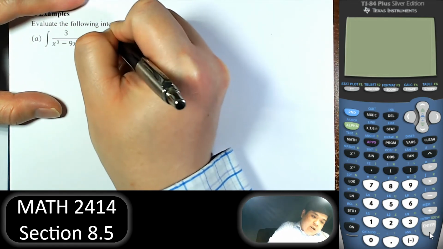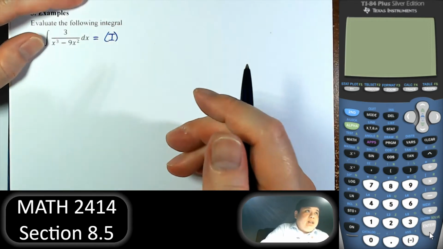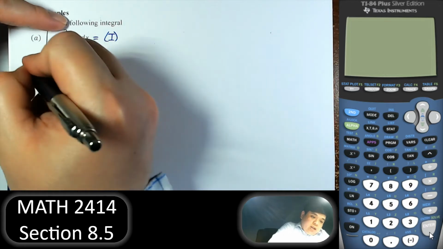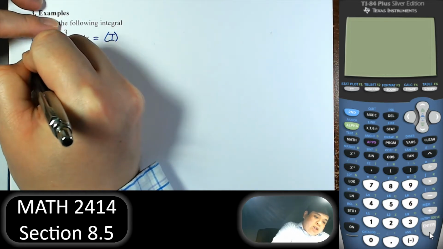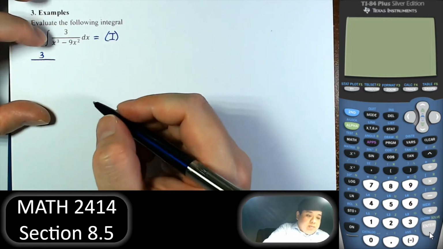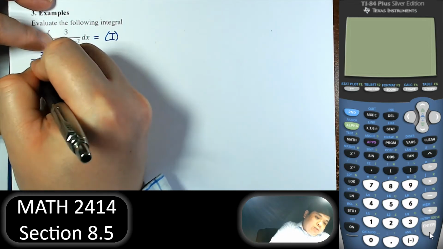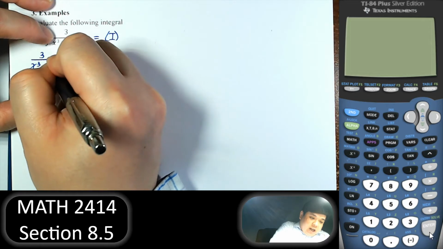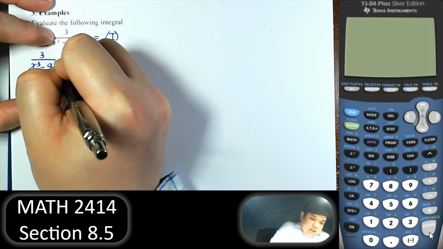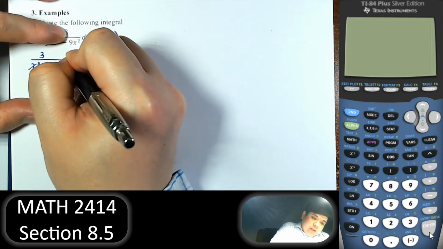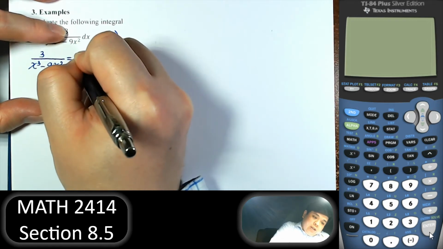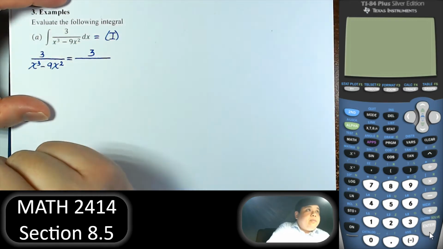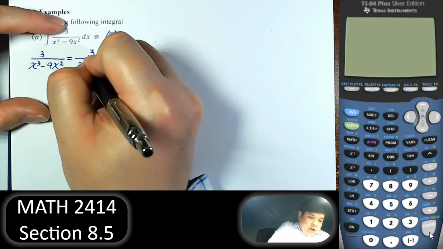Let that be the integral I, which we'll do later. For now, first, we have to be able to decompose that. Before we decompose it, we have to be able to factor it. x cubed minus 9x squared. We can factor out x squared, right?